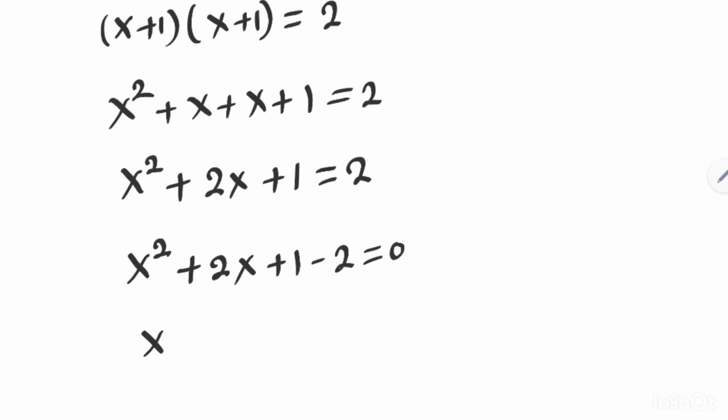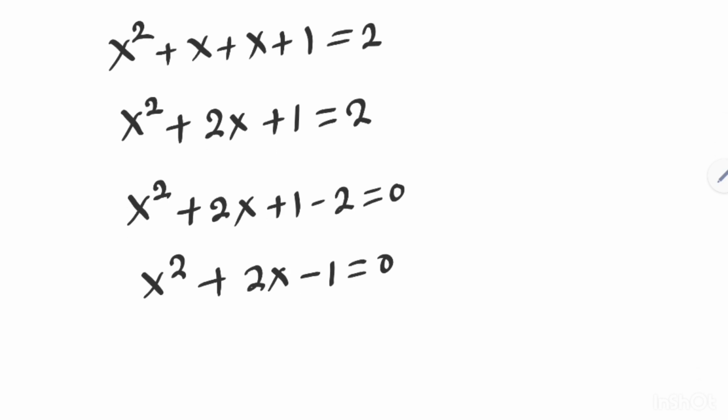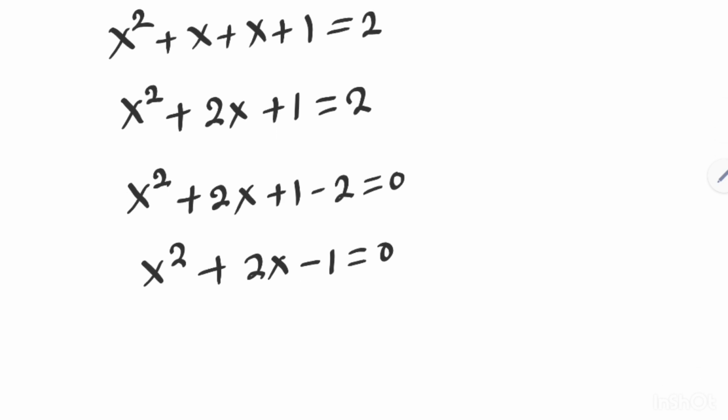This is x squared plus 2x minus 1 is equal to 0. Then x squared will be equal to 1 minus 2x. Let us call this equation 2.